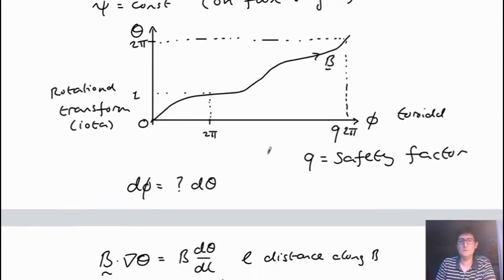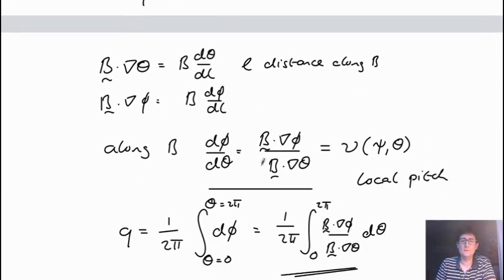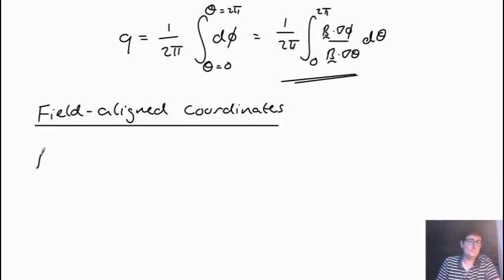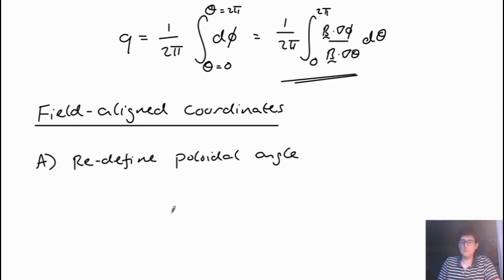And we can do this in two different ways. So the first way is we redefine the poloidal angle. So we consider how far the field line moves in poloidal angle as you change in toroidal angle.